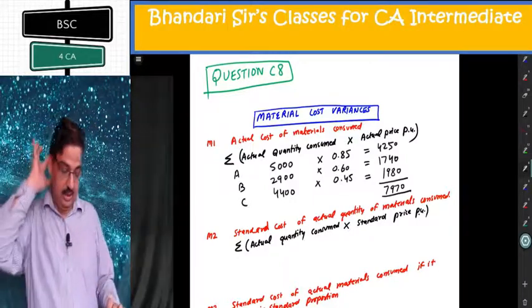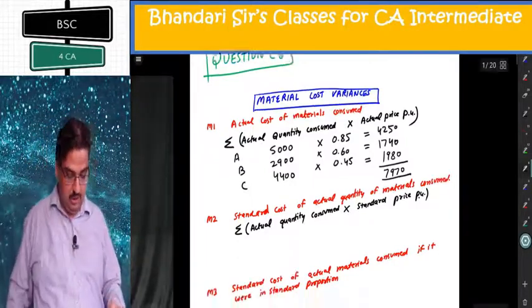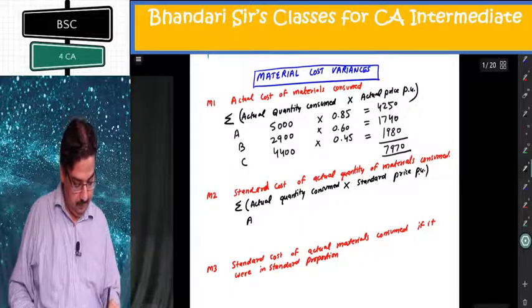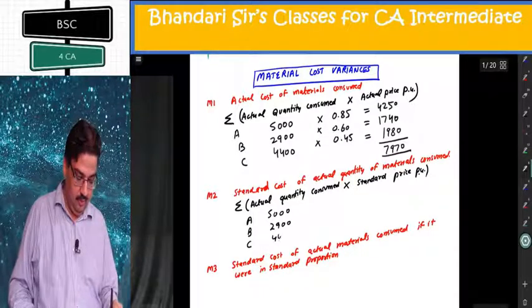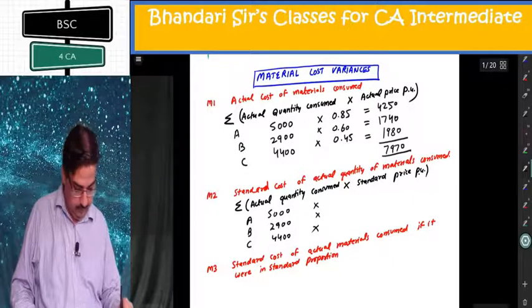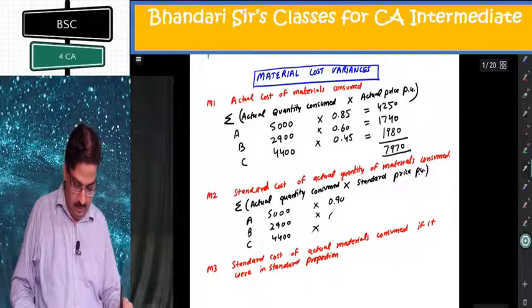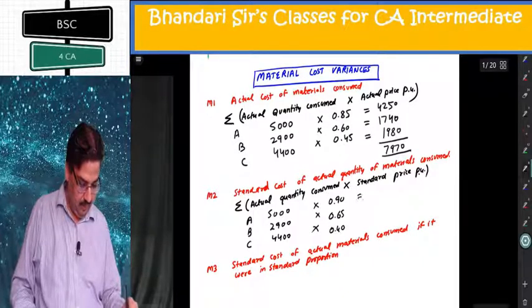M2, change the rates. Everything else is same. 5,000, 2,900, 4,400 multiplied by standard rate 90 paisa, 65 paisa, 40 paisa.